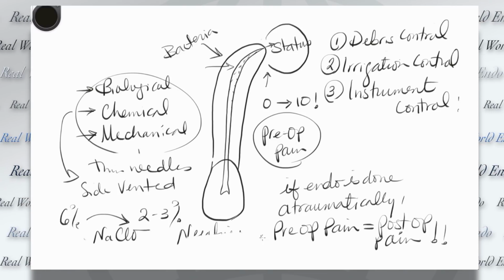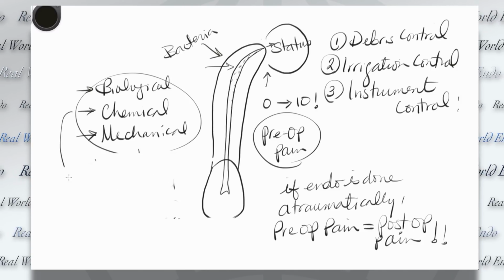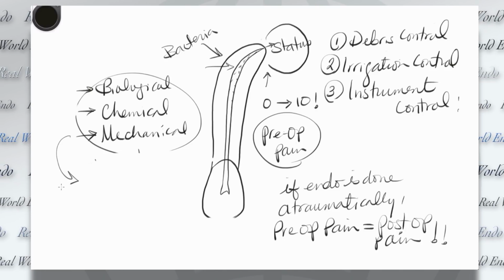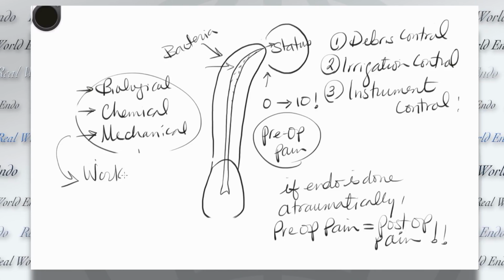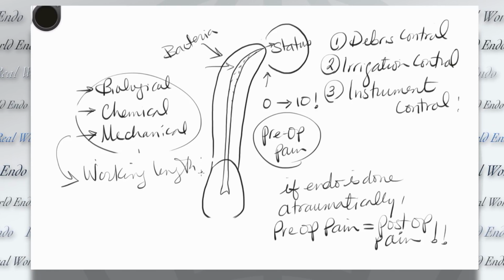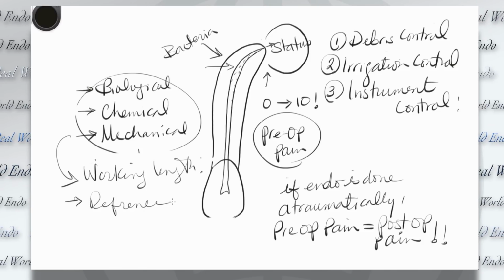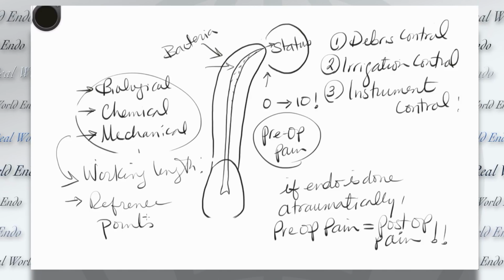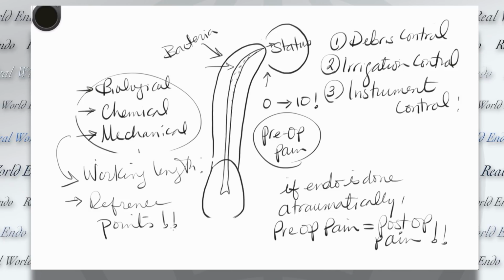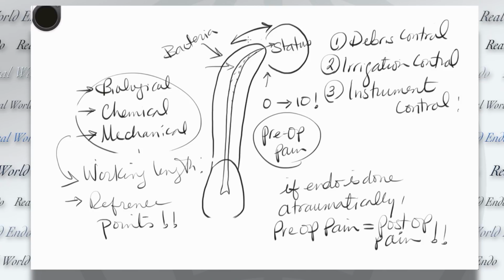And then lastly, for mechanical instrumentation, keeping the working length faithfully and accurately, establishing it at whatever point you're doing during your crown down, and then staying faithful to it by having reproducible reference points that are going to allow you to make sure that you are measuring the length up to the working length that you've determined, and not go past it 1 millimeter or half a millimeter routinely.